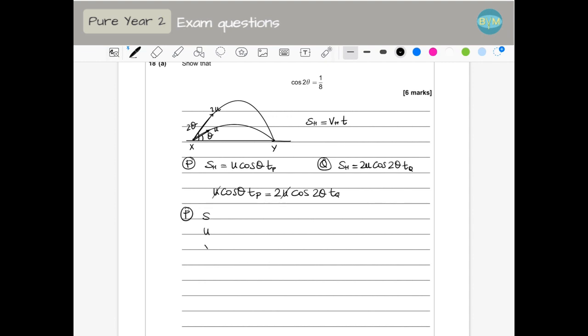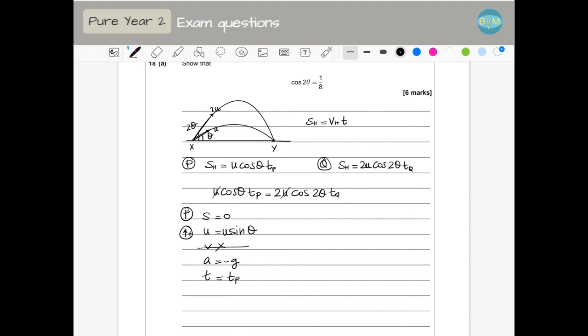If we write SUVAT and consider up as positive, the vertical displacement from here to here is 0. The initial velocity is the vertical component, which is u sine theta, positive because up is positive. We don't need the final velocity. Acceleration is minus g, because gravity is down, and the time is TP.